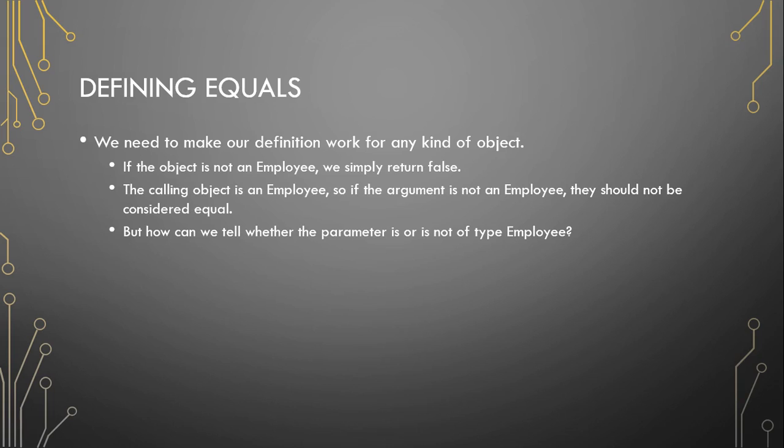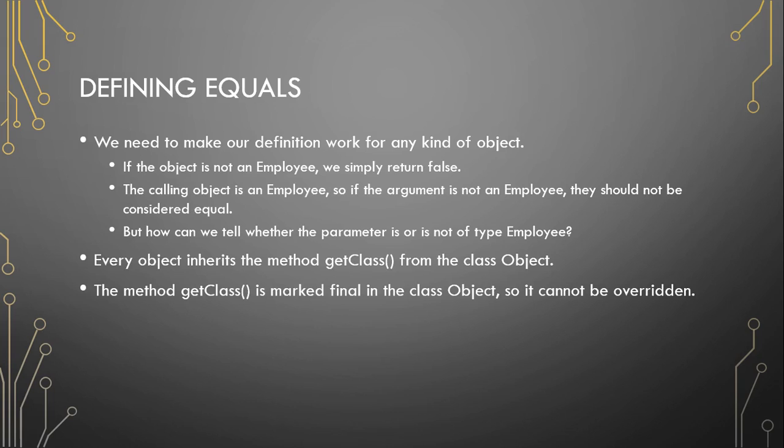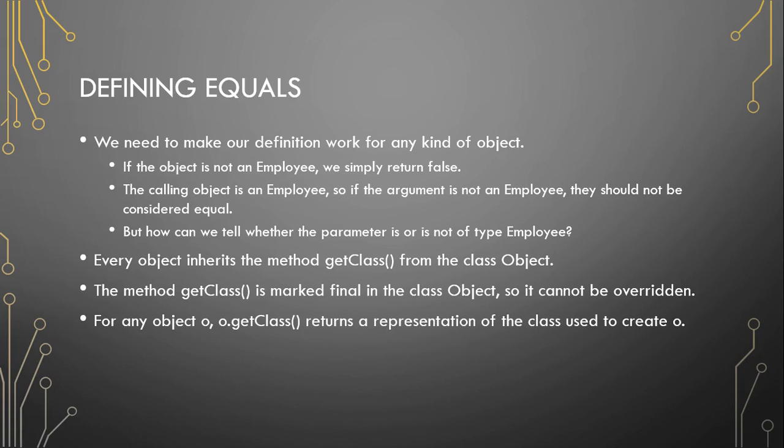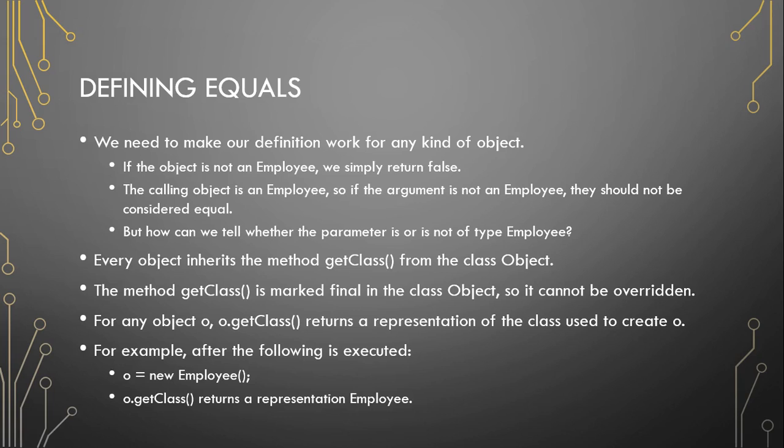But how can we tell whether the object is or is not of type Employee? Recall that pretty much every object inherits the method getClass from the class Object. The method getClass is marked final within the class Object, so it cannot be overridden. Final means you can't change it. For any object o, o.getClass returns a representation of the class used to create o.